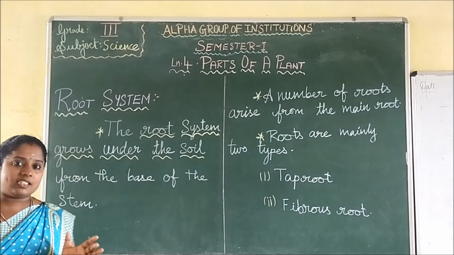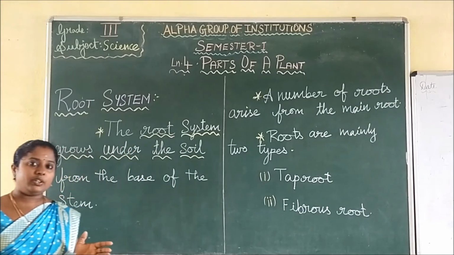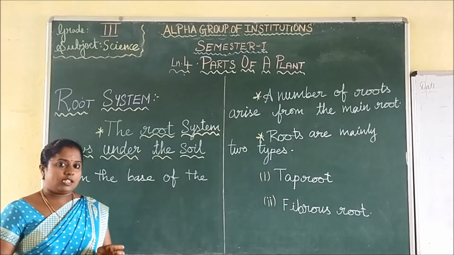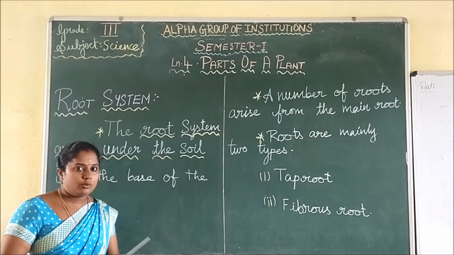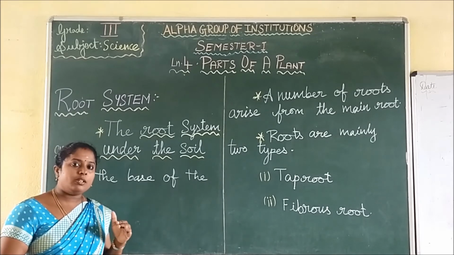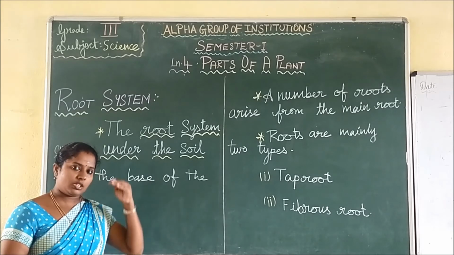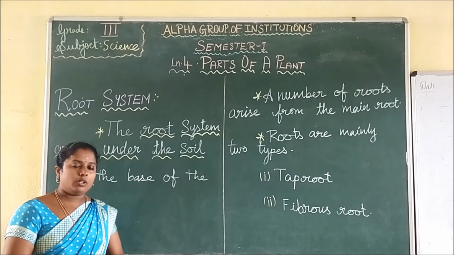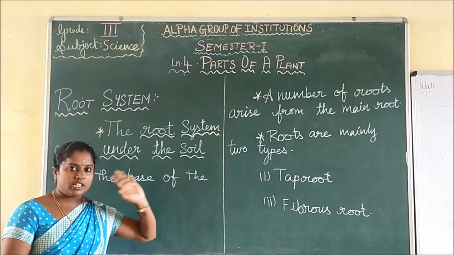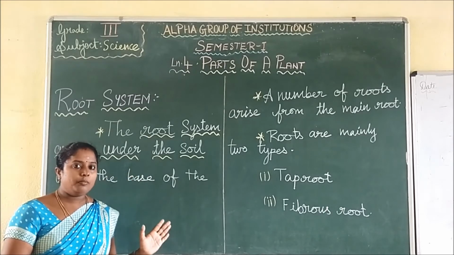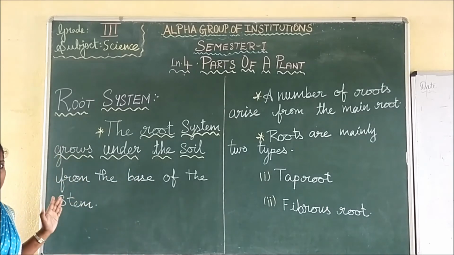So the parts of the plant are divided into two systems, the root system and the shoot system. The root system is under the ground, and the shoot system is above the ground, which we can see.